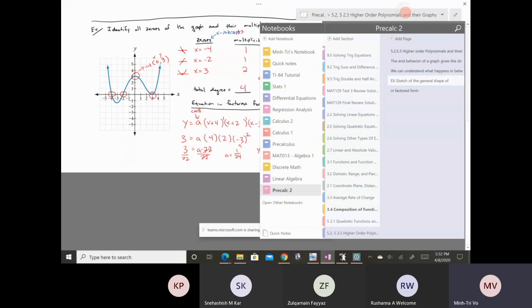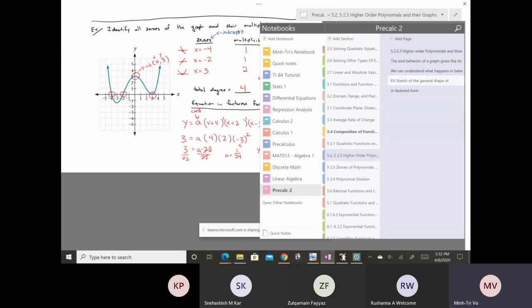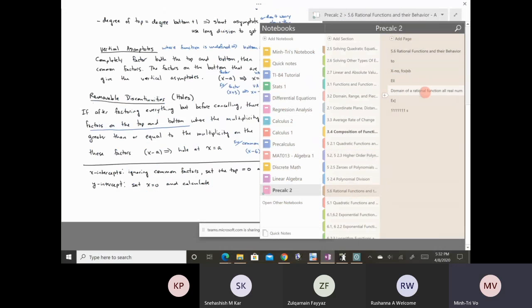For rational, these were the rules. For 5.6, the rules are on page 5.